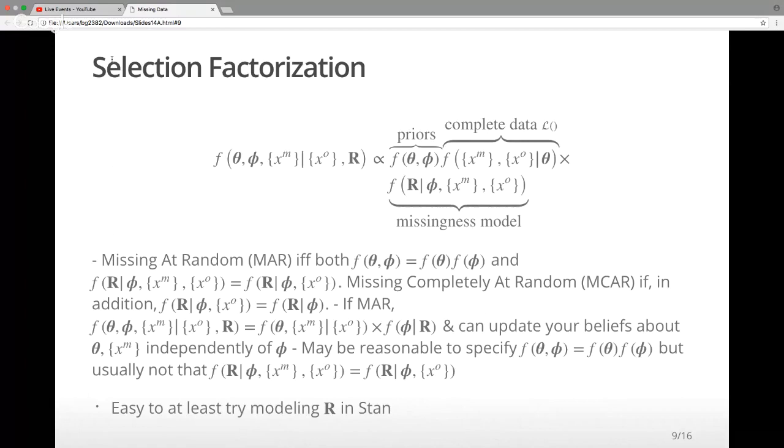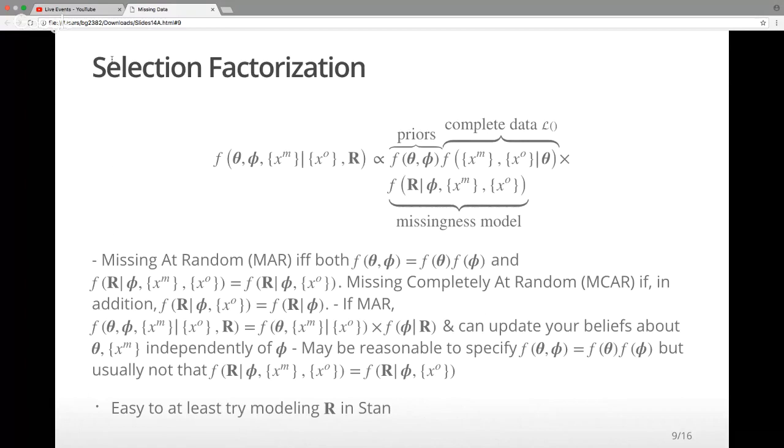So some acronymology here. We say that a data generating process is ignorable if and only if our beliefs about theta are independent a priori from our beliefs about phi. That's a pretty weak assumption. A strong assumption that you could make from here is to assume this last piece, the missingness model, does not depend on xm, the unobserved values of x.